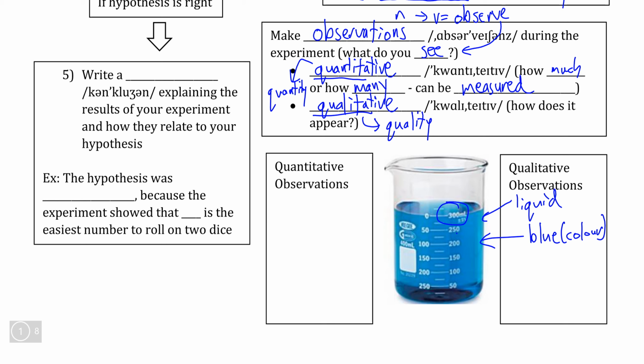For example, if we look at the measurement here, 300 milliliters, what we are describing is the volume, how much of this liquid we have. If you were to put this beaker on a scale, and if you were to count or measure the mass of this liquid in grams, that would also be a quantitative observation that we're making.